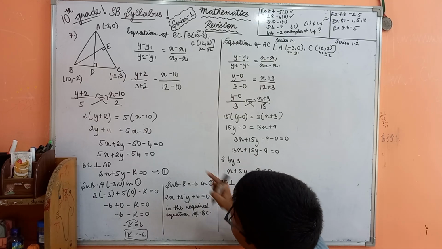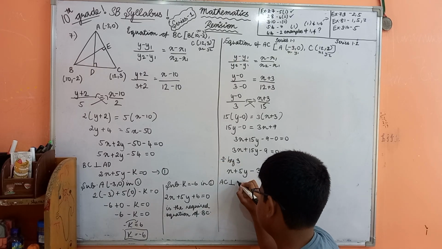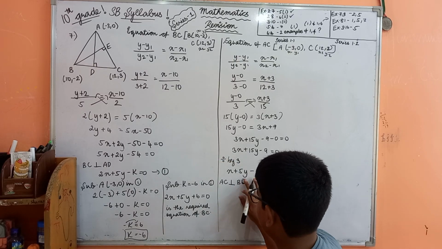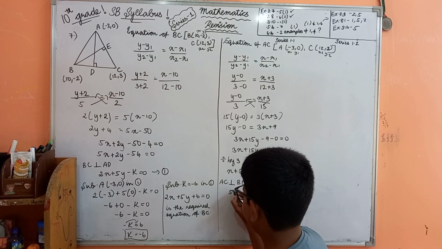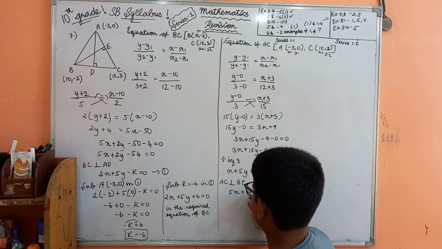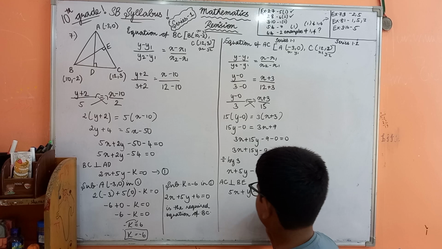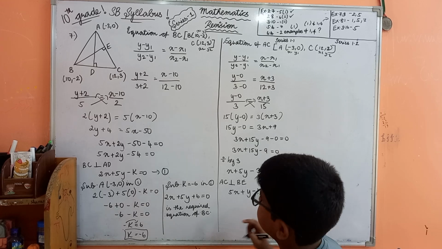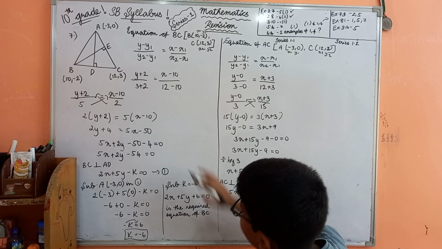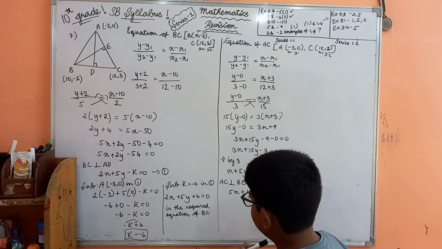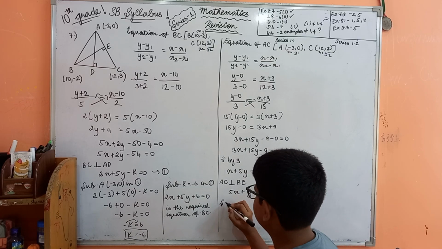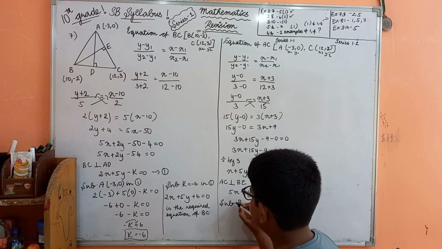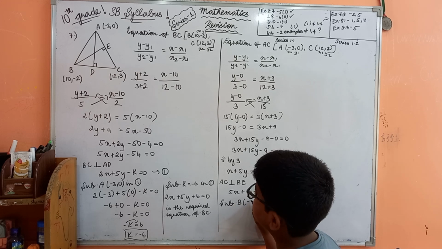AC is perpendicular to BE, so it's 5x plus y minus k is equal to 0. We're going to add a constant over here. So we're going to substitute B, because the line passes directly through B. B is (10, minus 2).